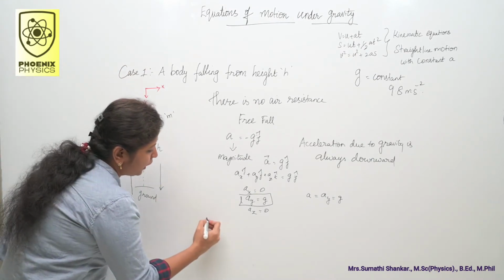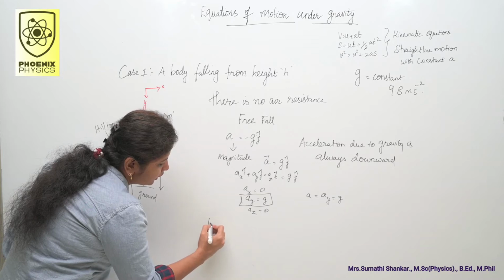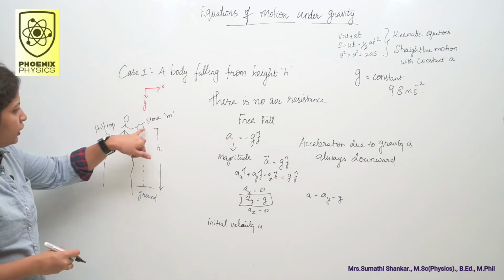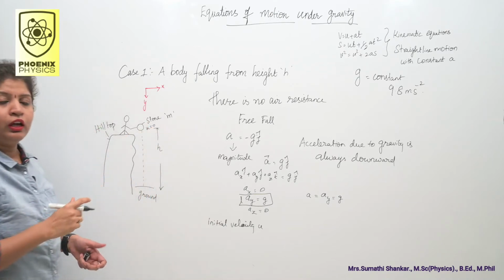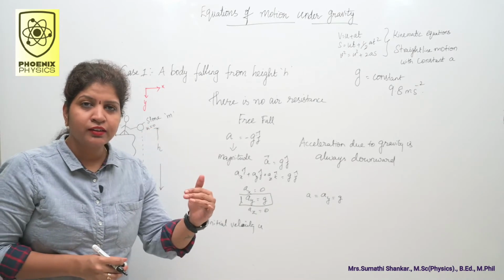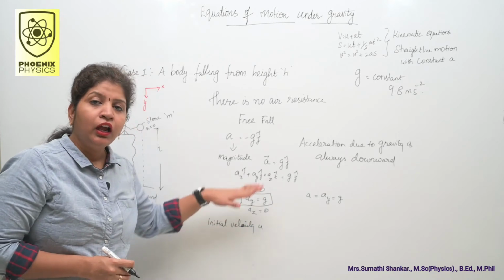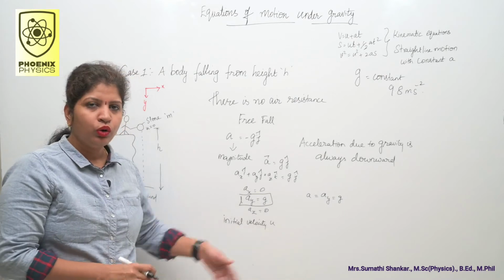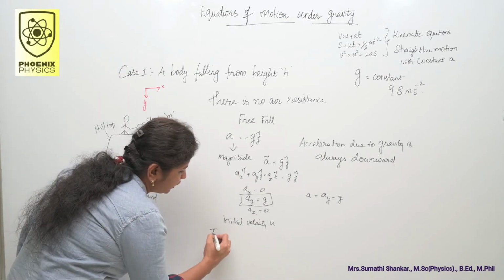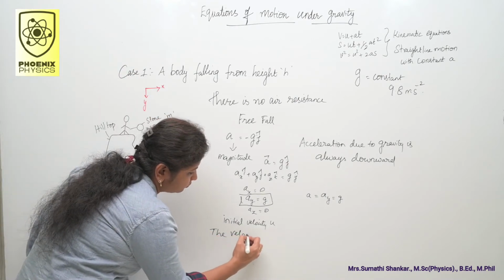Suppose the particle is moving with initial velocity u. Here the initial velocity is u is equal to 0, but we are considering the particle is moving with initial velocity u. Now, how do you find out the velocity of the particle at time t?